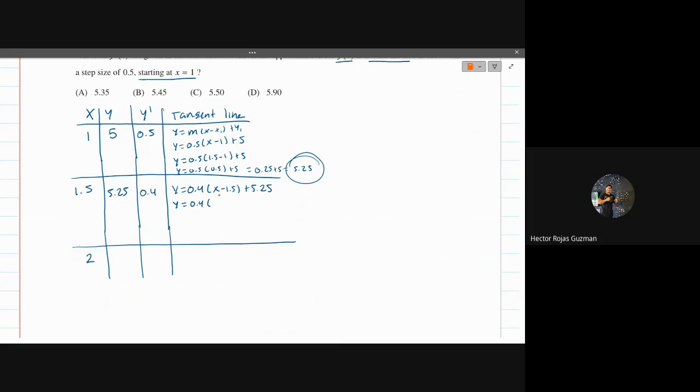I'm going to plug the 2 into the x, which means I'm going to get 0.4 times 0.5. Think about doing 4 times 5, right? That's 20. But each decimal has 1 decimal place, so the decimal is 2 places to the left.